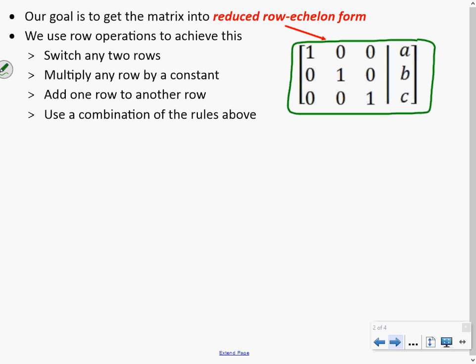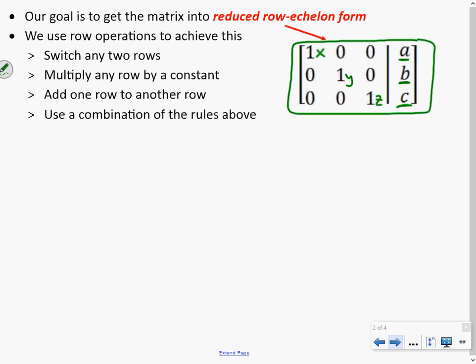Because if we have just a 1, 0, 0 as the coefficients in our top equation, that means that the x value of our solution is equal to whatever a is. Okay? Our middle row would tell us the y value of the solution, and our third row would tell us the z value of our solution.